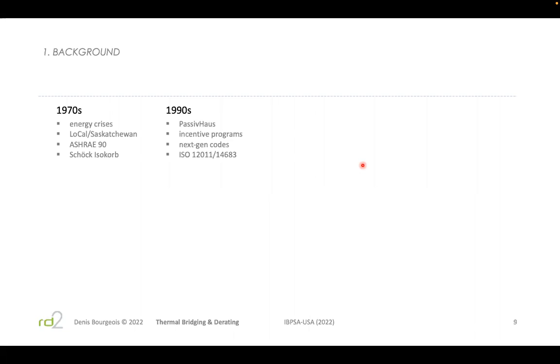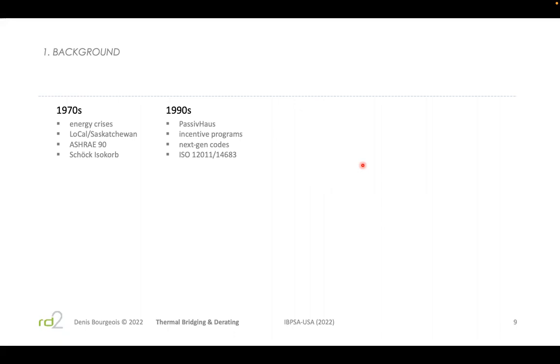The 1980s is more of a transition. Some of the states and provinces and municipalities are adopting the first energy codes that are being developed. Some of the first incentive programs. So there's a nice follow-through throughout the 1980s, but there's not that much innovation. Certainly ASHRAE 90.1 continued to evolve.